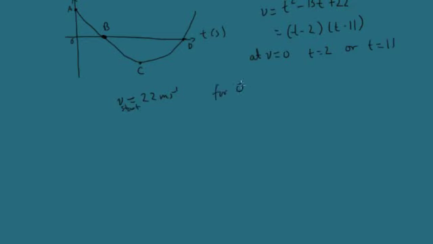For 0 less than or equal to t less than or equal to 2, the particle moves in the positive direction, and for t between 2 and 11 it is in the negative direction.